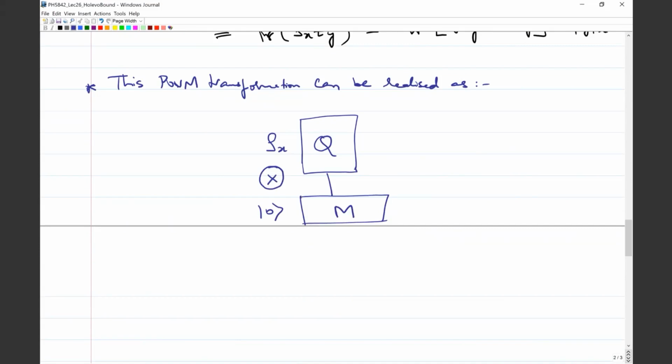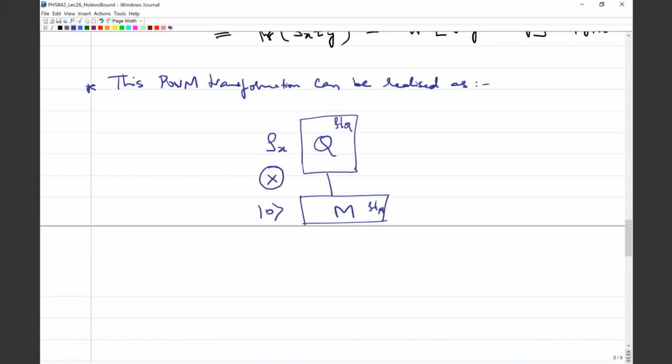There is a Hilbert space H_Q here, and a Hilbert space H_M, which represents the measurement device. The measurement device, for all practical purposes, is only going to manifest via some classical dial. So it starts in 0. Eventually, it's going to be one of the y's. That's what it's going to show me.